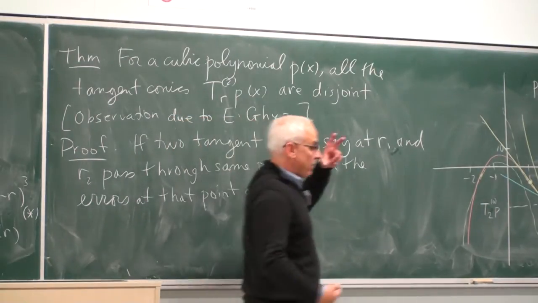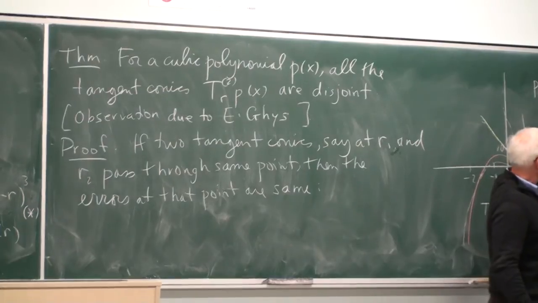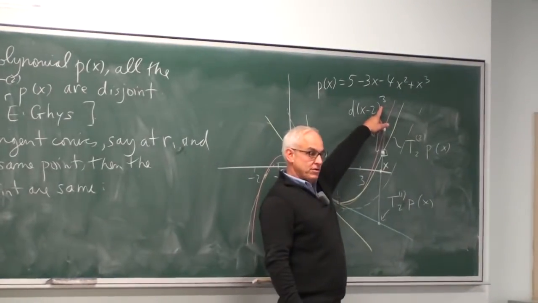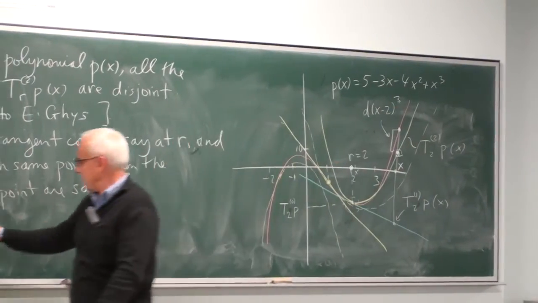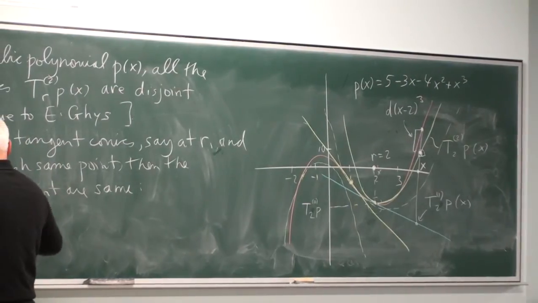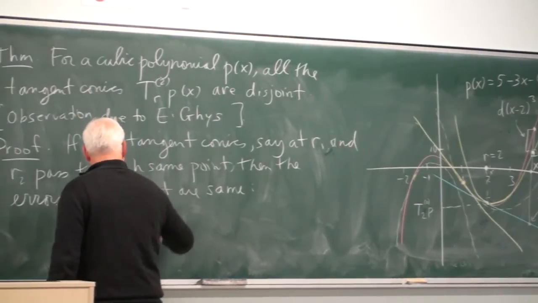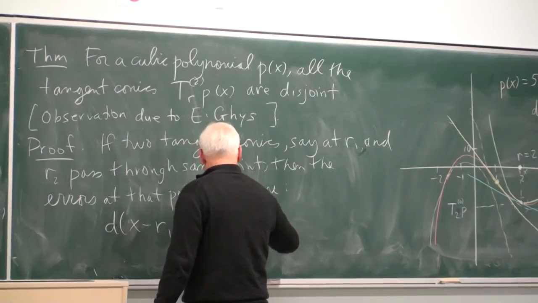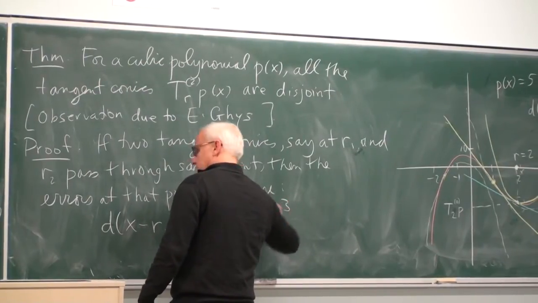And we know exactly what the error is. The error is d times (x minus r) cubed. So it would have to be that d times (x minus r1) cubed has to be equal to d times (x minus r2) cubed.